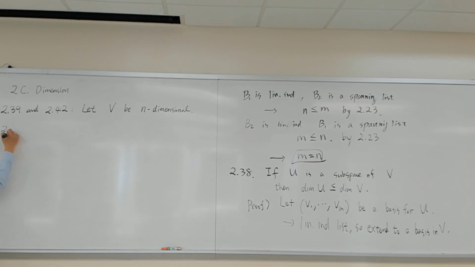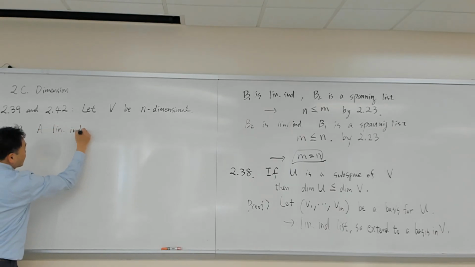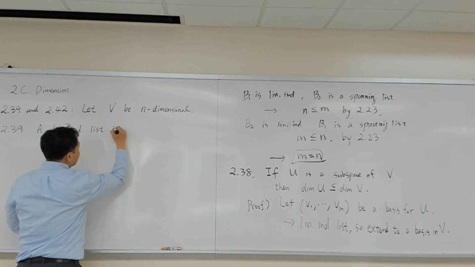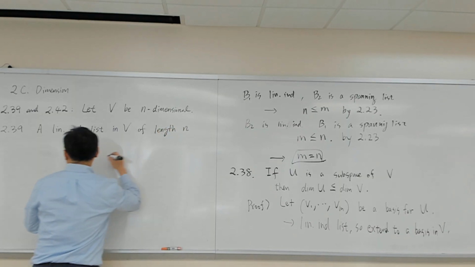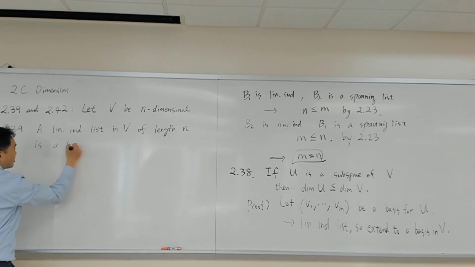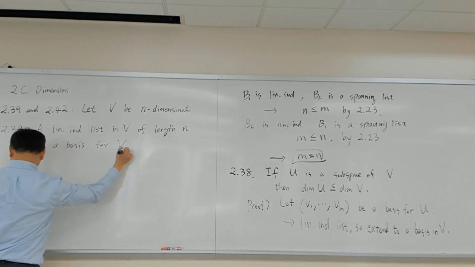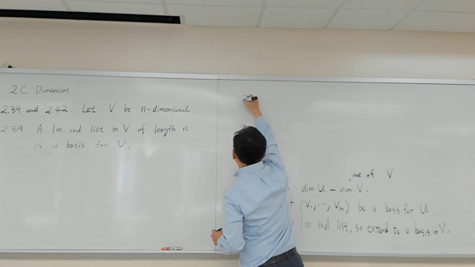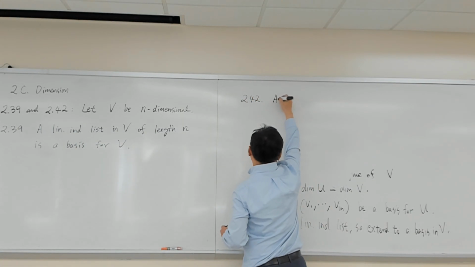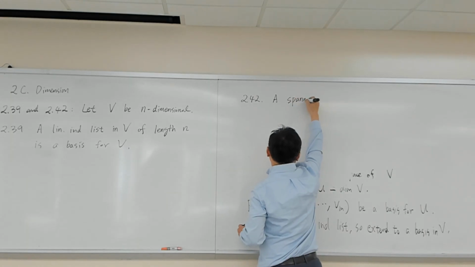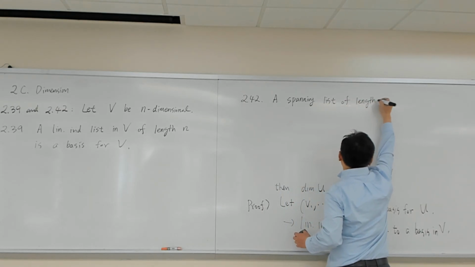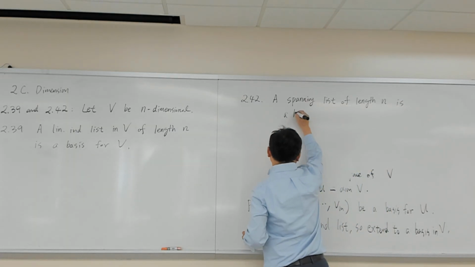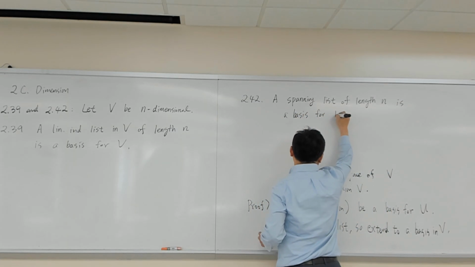Now 2.39 says a linearly independent list in V of length n is a basis for V. And 2.42, a spanning list of length n is a basis for V.